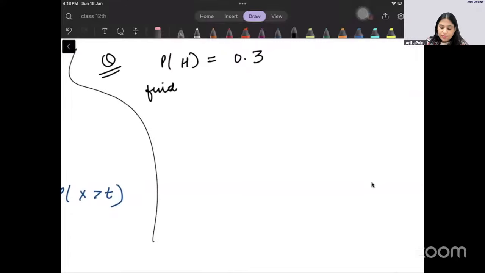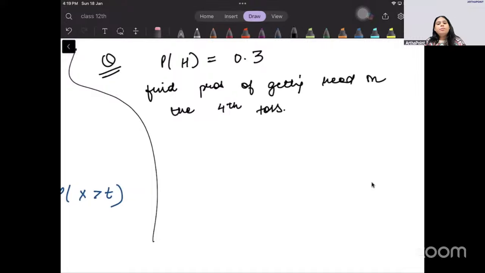Find the probability of getting a head on the fourth toss. That means you need the head in the fourth toss only. You don't need it in the first three. You need it in the fourth one. Solve.